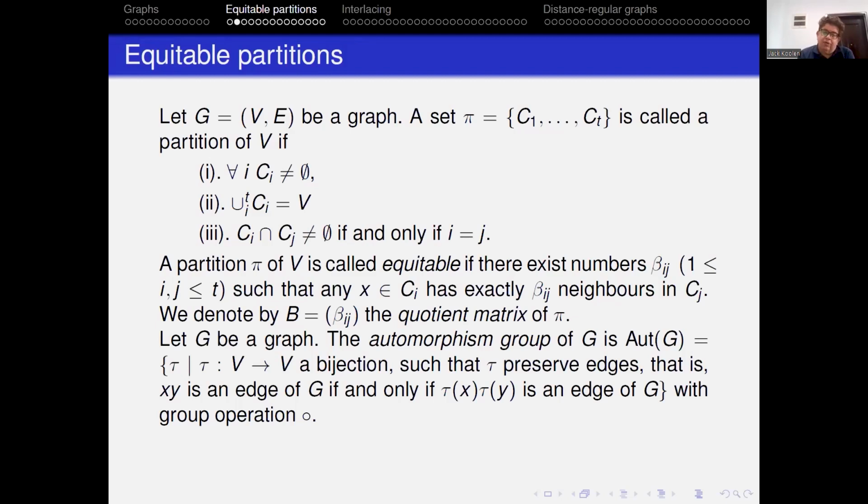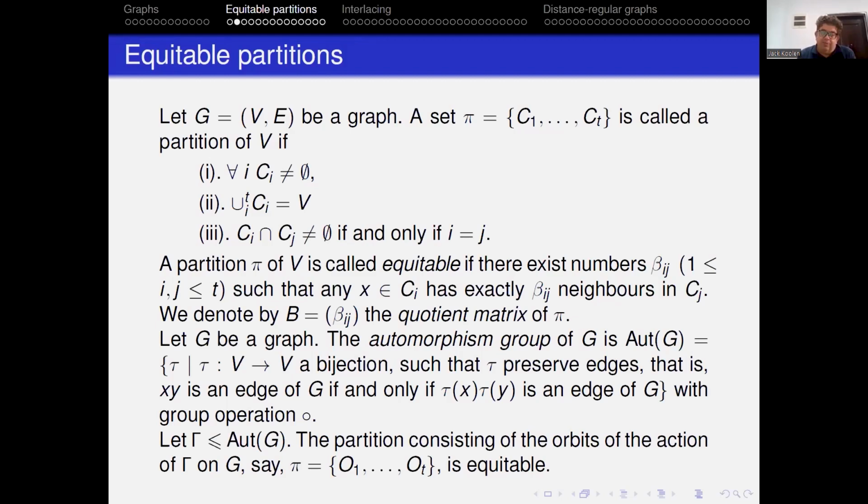And how can you get equitable partitions? You can look at orbits of a group of automorphisms. So you look at the permutations on the vertices that leave the graph invariant. Yes, that is all I'm saying here.